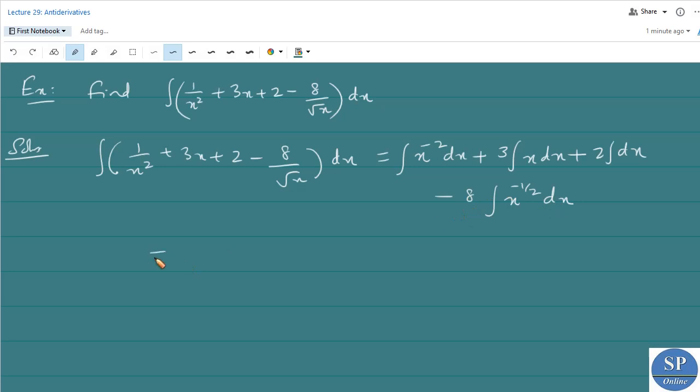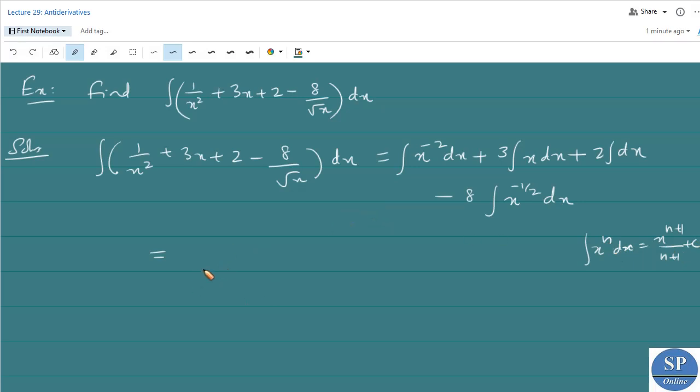So this is equal to, for x^(-2) dx we have the power rule, that is integral x^n dx is equal to x^(n+1) divided by n+1 plus constant of integration.